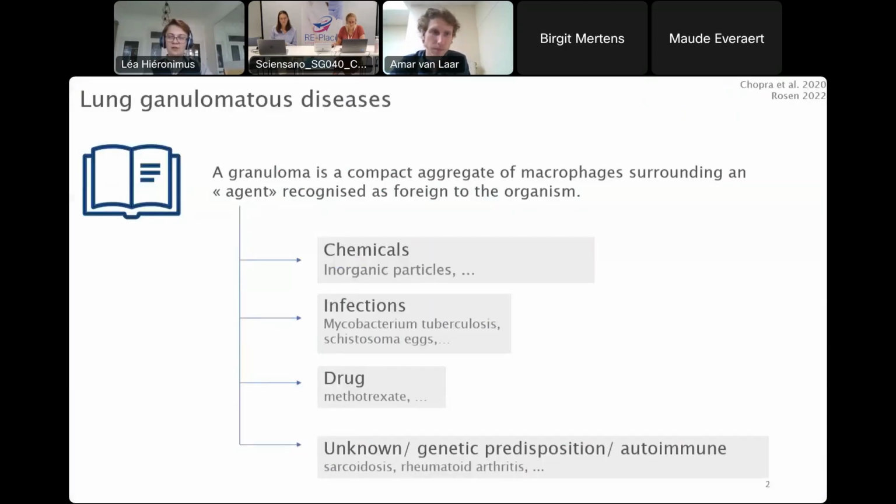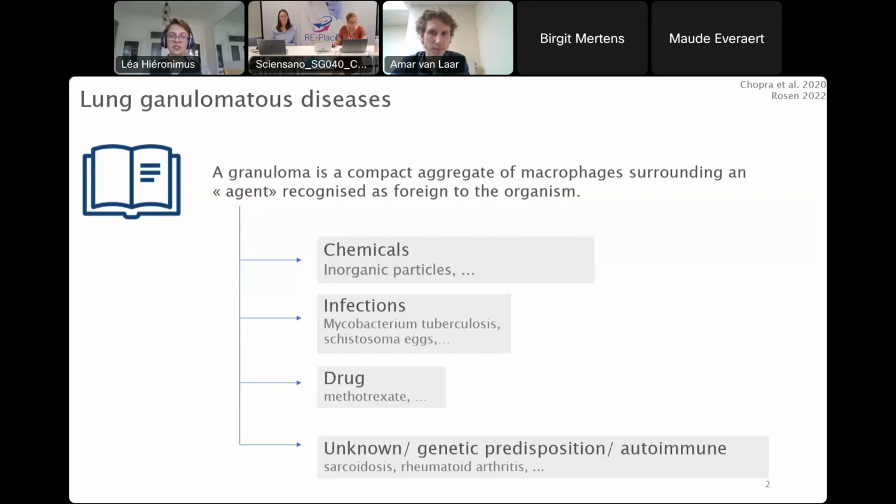A granuloma is by definition a compact aggregate of macrophages or other cells surrounding an agent, which can be a microorganism or an antigen recognized as foreign to the organism. It can be a chemical, a suture, piercing, but in the case of lung granulomatous disease, it's often inorganic particles. It can be caused by infections, such as tuberculosis.